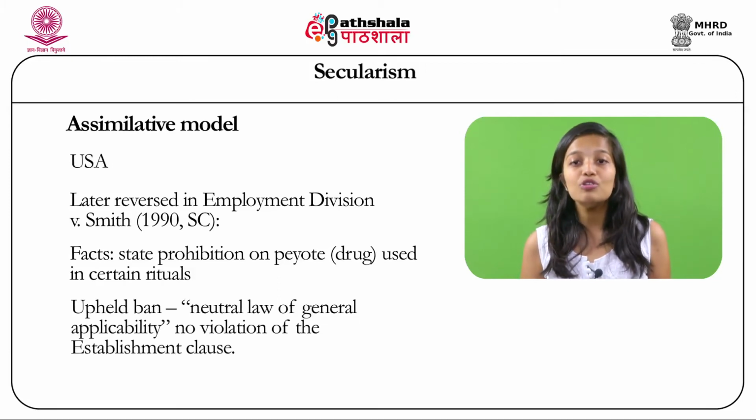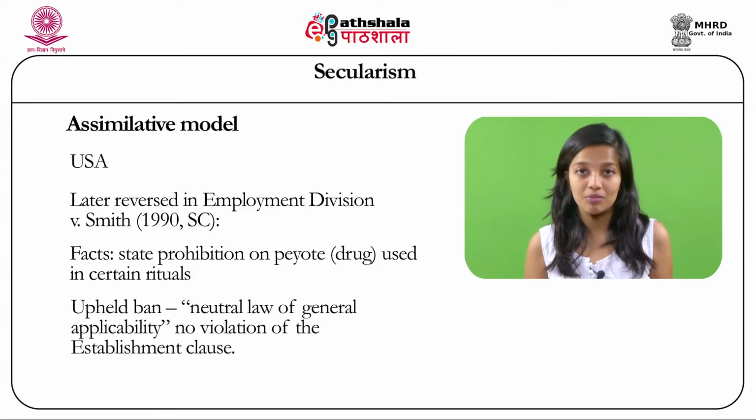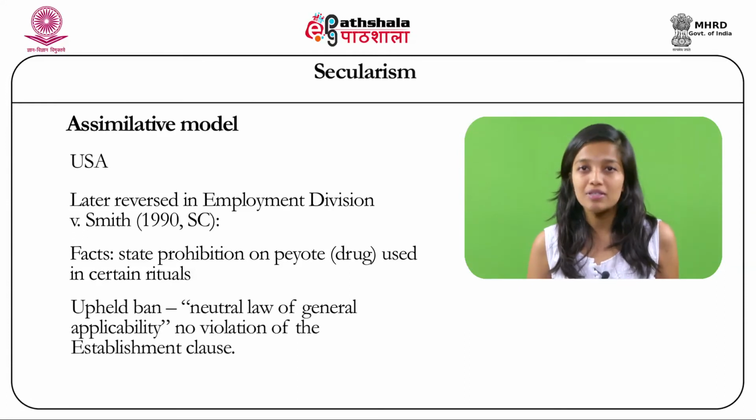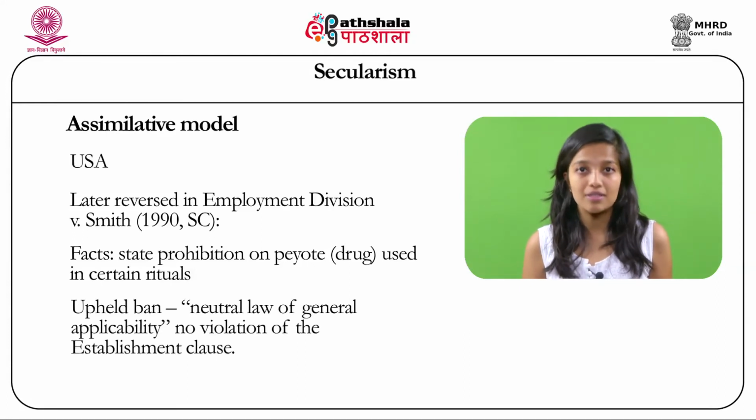The neutral law of general applicability became the new test that then replaced the Sherbert test. Therefore, it wasn't now necessary to show that there was some compelling interest that the government had in limiting religious freedom, but merely that the law that was in place applied universally and generally to all citizens and wasn't directed against a group.